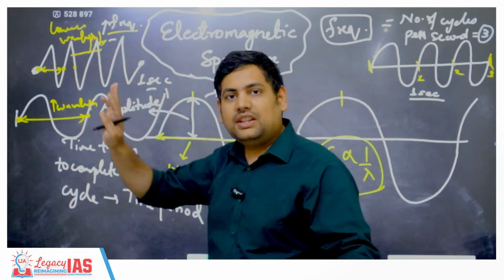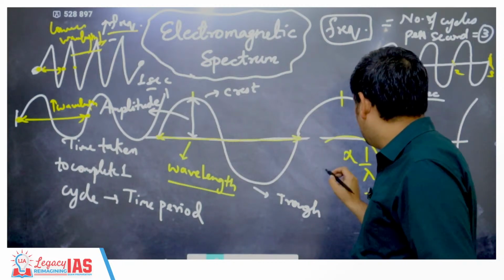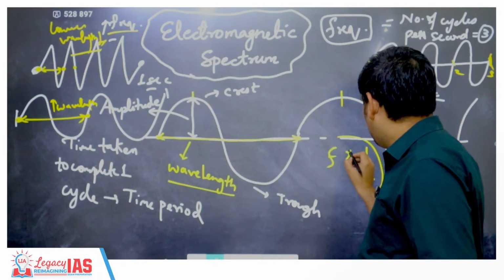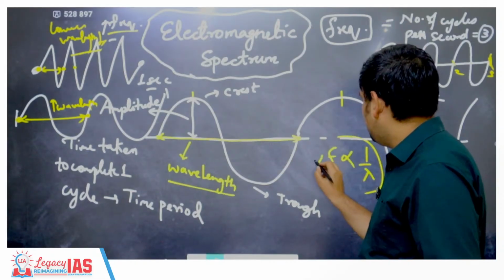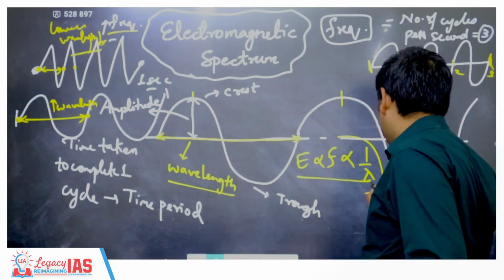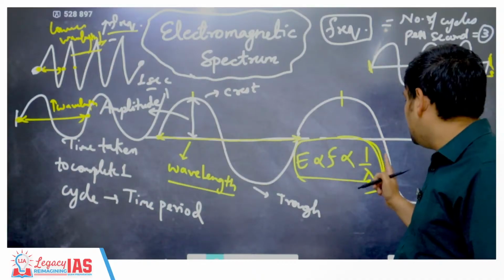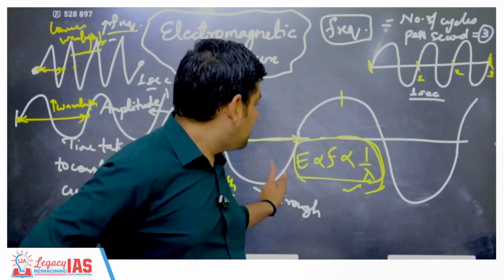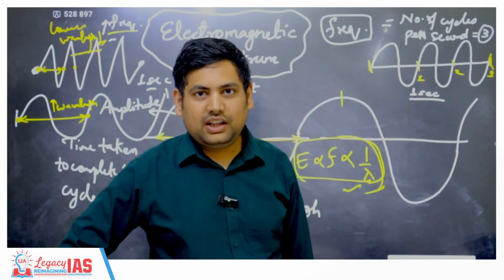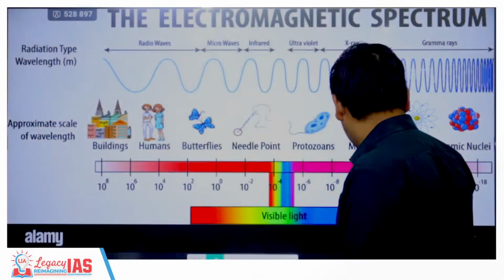So frequency and energy go hand in hand. Energy and frequency are directly proportional, and frequency is inversely proportional to wavelength. Energy is also inversely proportional to wavelength. Correct? Now let's get to the electromagnetic spectrum.